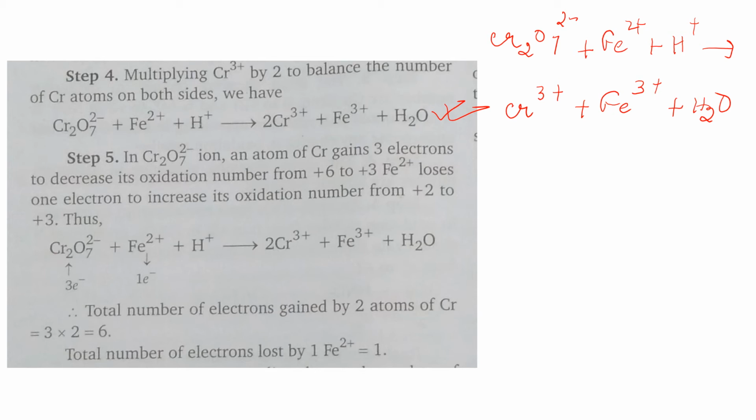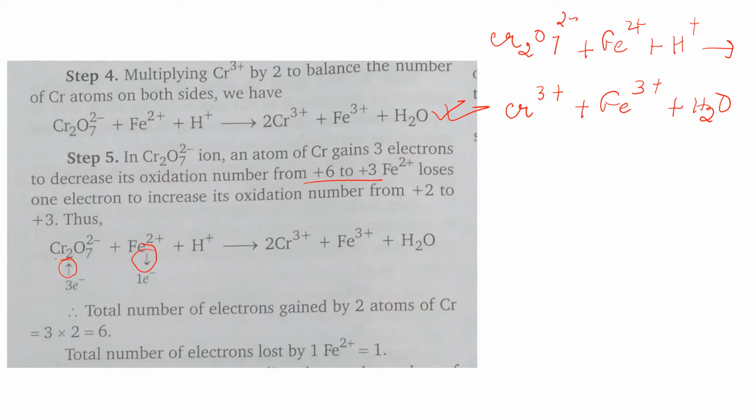Now step 5, I have to see which atom is losing or gaining how many electrons. As I told you, chromium is changing from +6 to +3, so it is gaining 3 electrons. I have shown it by an upward arrow. And iron is from +2 to +3, that means it is losing 1 electron, so a downward arrow.